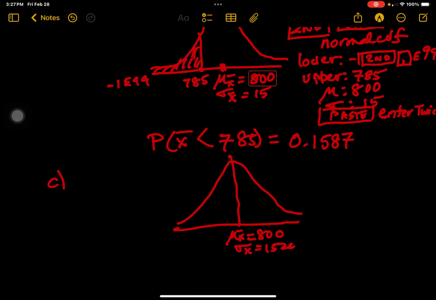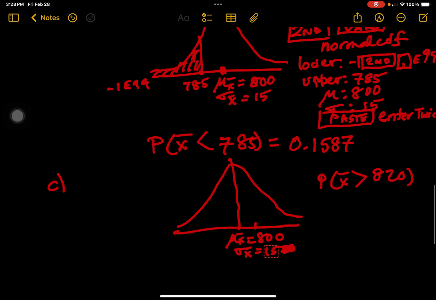As you realize, we want to find P(x bar more than 820). So 820 is greater than 800, so it will lie on the right of 800 on the horizontal axis. So this is your 820, and we want the area to the right of 820.